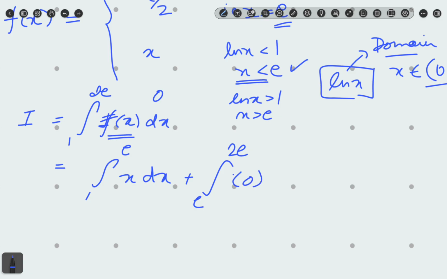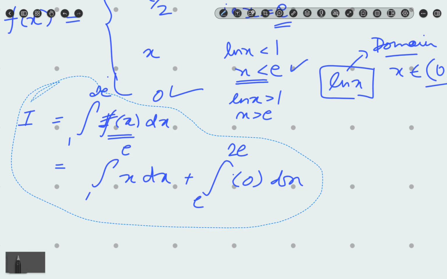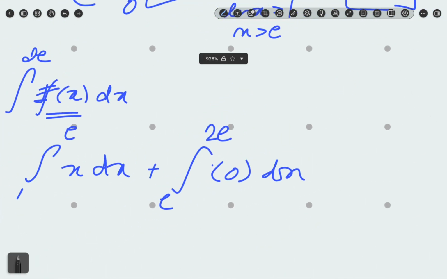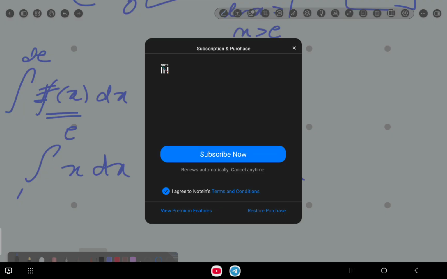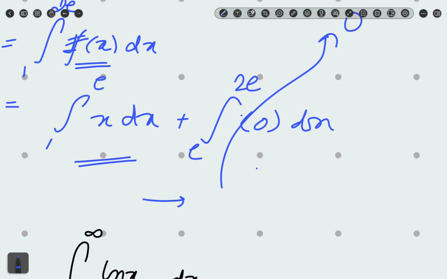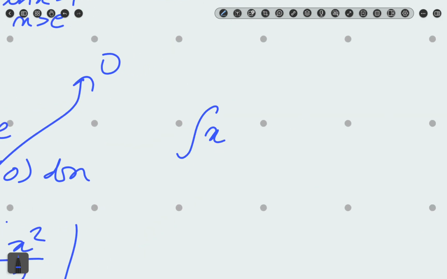This becomes 0, right? As we know that, this becomes 0 and this becomes x squared by 2, right?